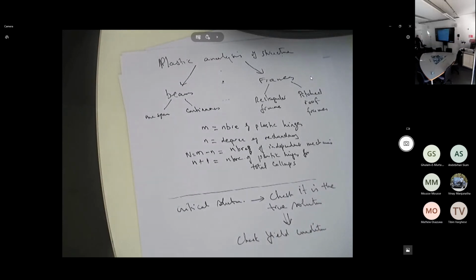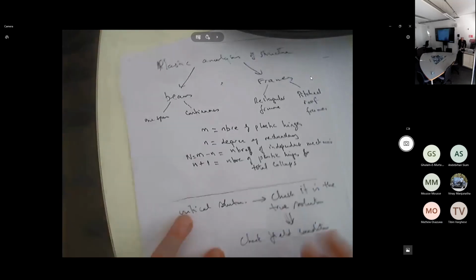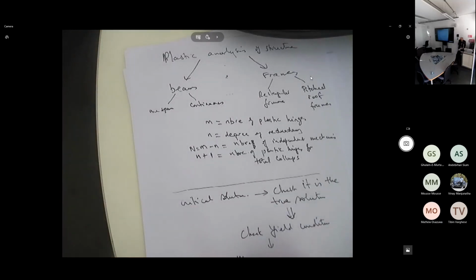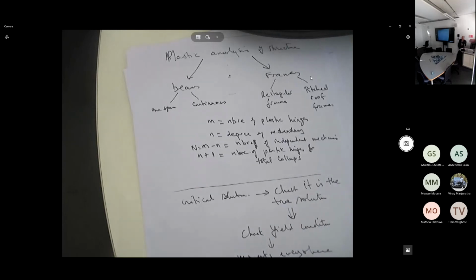In order to check the yield condition, you need to check that moments everywhere are what? Less than MP. Exactly, less than MP or equal at the maximum.